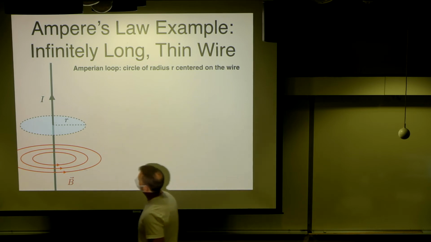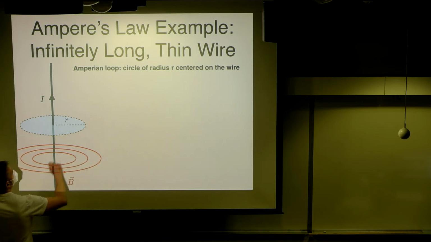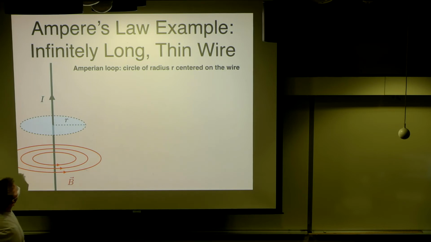So there's our Amperian loop. It's a circle, radius little r. By the way, we're going to use little r to define that radius as opposed to big R, which will be something else later. Yeah, so there it is. And you can see that the current is going through the surface that's defined by our loop. So we're definitely enclosing some current, right?